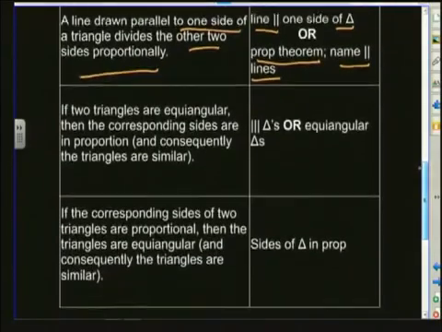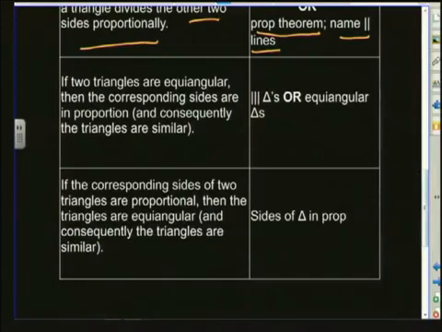If two triangles are equiangular, this is now the next theorem statement, then the corresponding sides are in proportion and consequently the triangles are similar. As your acceptable reasoning, you can either say similar triangles, which is abbreviated using the sign for similarity, or you can simply state equiangular triangles.